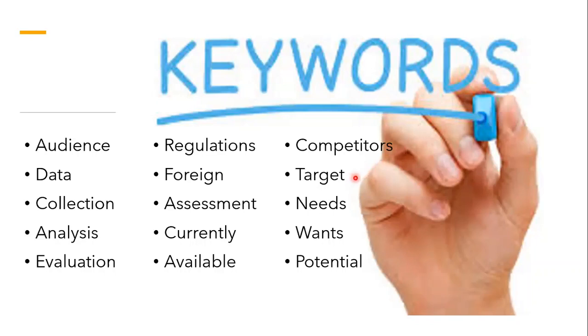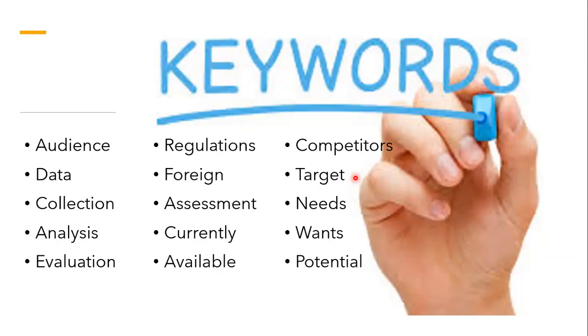Then we have this word, target. And pay attention, this is a word that you are going to use a lot. Maybe more than the other words here in this keywords slide. Target is something like objective. For example, if I say target market, I'm talking about a specific market.